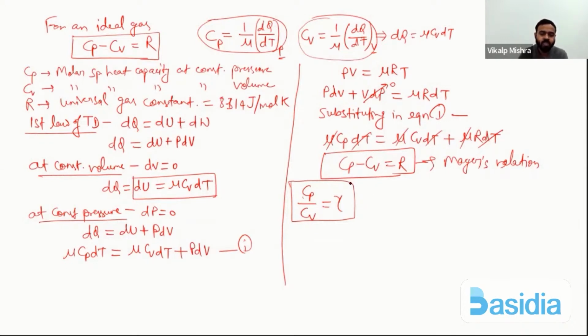From here we can define Cp and Cv. If Cp by Cv equals gamma, then Cp equals gamma Cv.